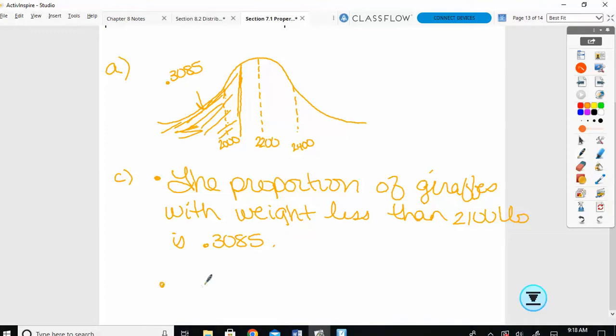The second interpretation is as a probability. So if I pick one particular giraffe out, the probability that they weigh less than 2,100 pounds is 0.3085.